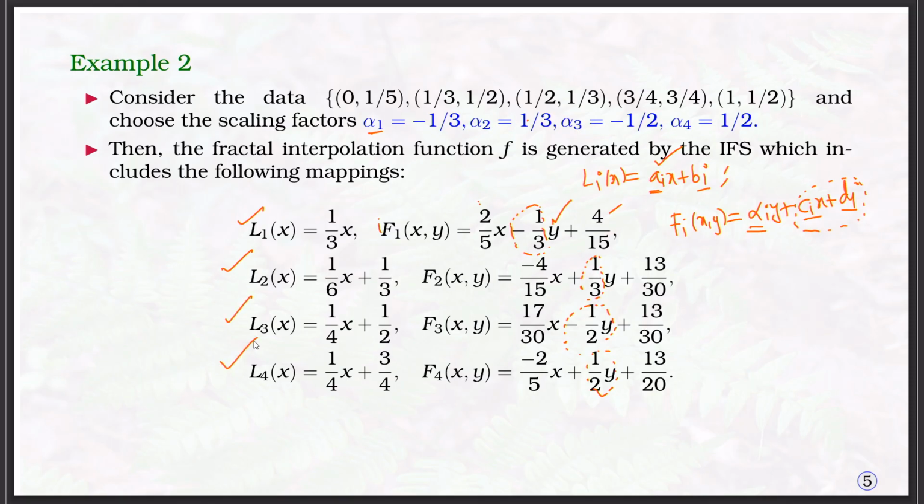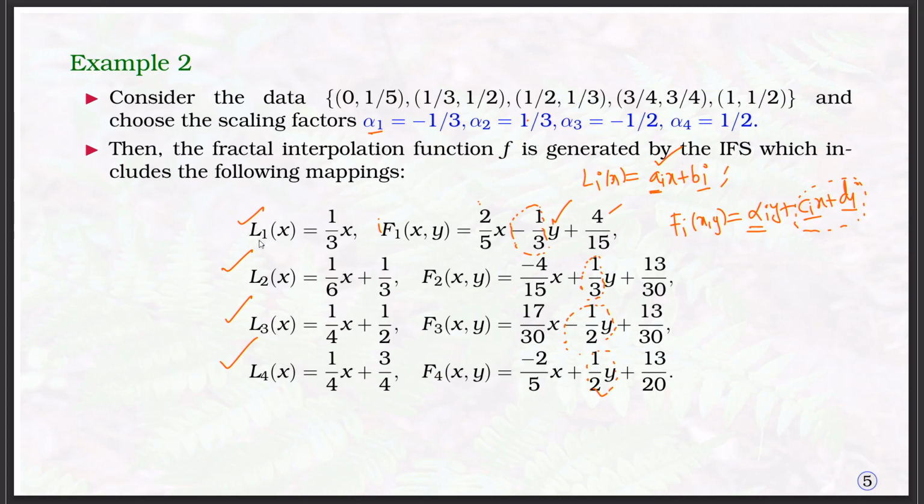Now, the question is, what is the contraction factor of the iterated function system? Because whenever we speak about an iterated function system, we need to speak about its contraction factor. Here L1 to L4 are contractions on I. That means L1 to L4 with respect to I form a contractive iterated function system.